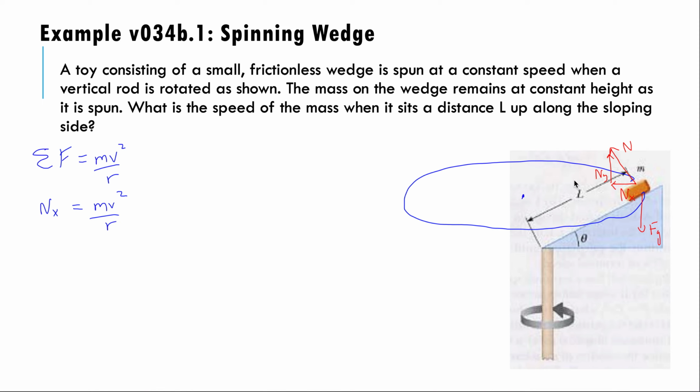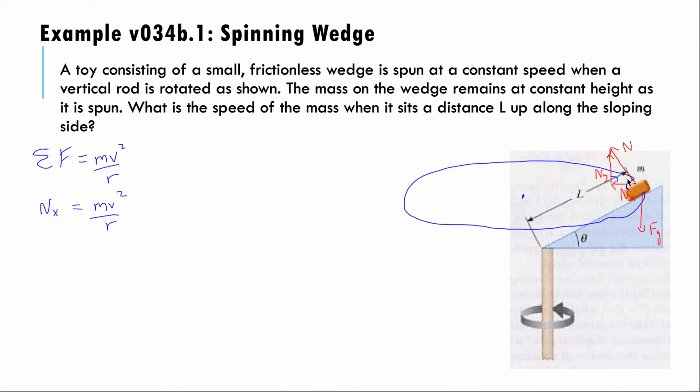Let's write nx in terms of n and the angle theta. So we're given this angle theta for the wedge, and that angle happens to be the same angle as this angle right here. So if this is theta, then this angle here in the triangle is 90 minus theta, because this is 90, and this is 90 right here.